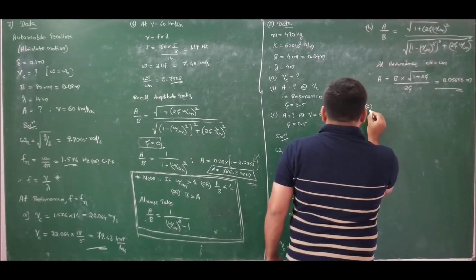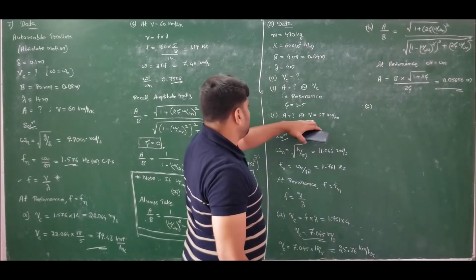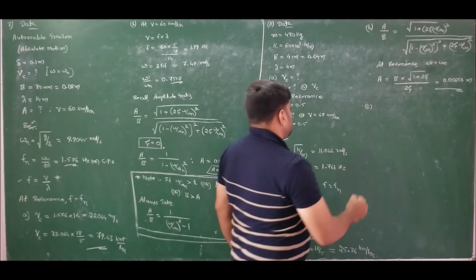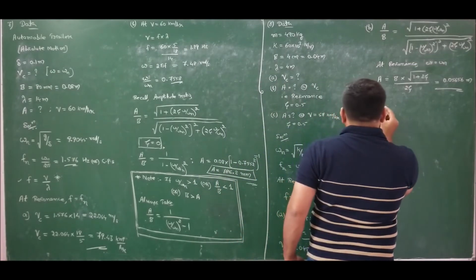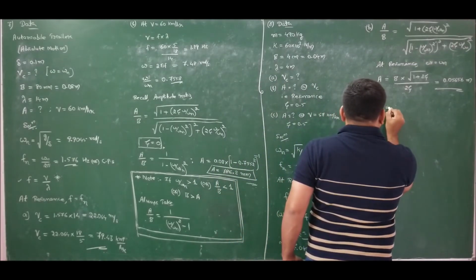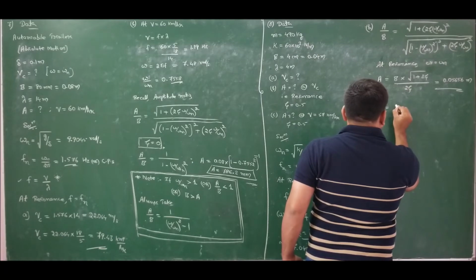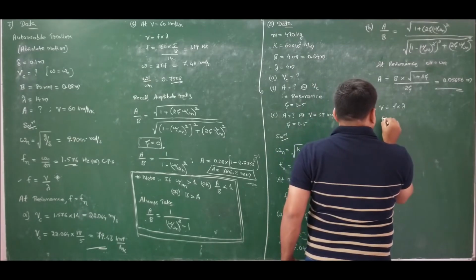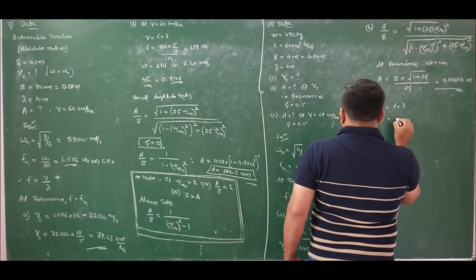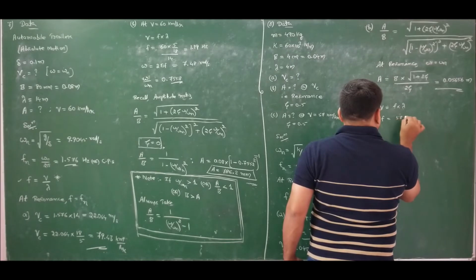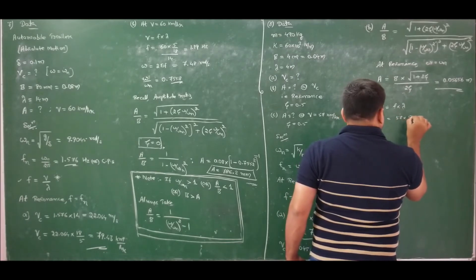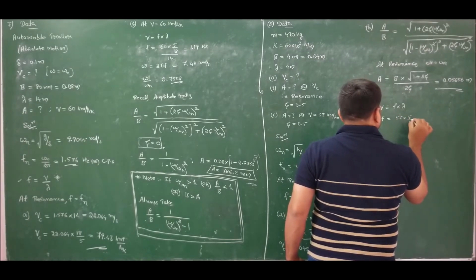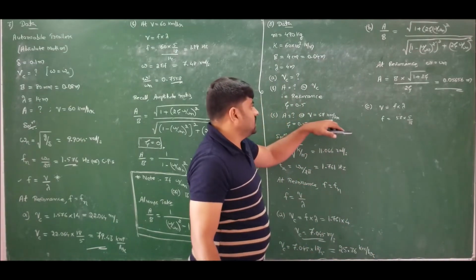Next move for C. For C, he has given the velocity as 57 km per hour. So now we know that V is equal to F into lambda, correct? So I want F, so therefore F is equal to V, which is 57 into 5 by 18. This is very important because 57 is in kilometer per hour.